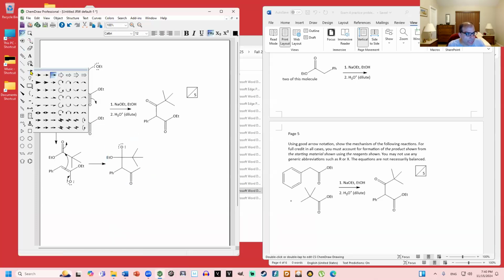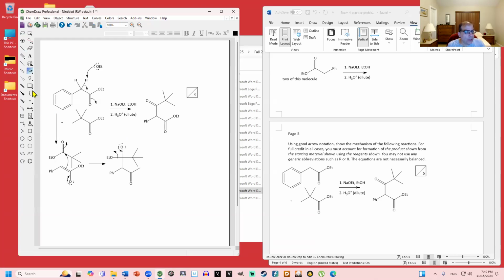And then the next step of the Claisen condensation has reforming the carbonyl and loss of the alkoxide ion as a leaving group, which gets you, in fact, this very molecule. Oops, I forgot my ethoxy group over here.